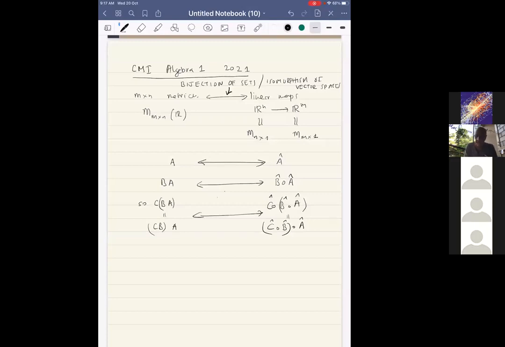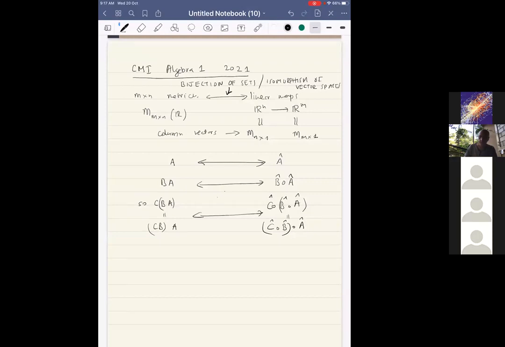So in the last lecture, I was talking in terms of column matrices, m cross 1 and n cross 1. These are column matrices, in other words matrices with precisely one column.